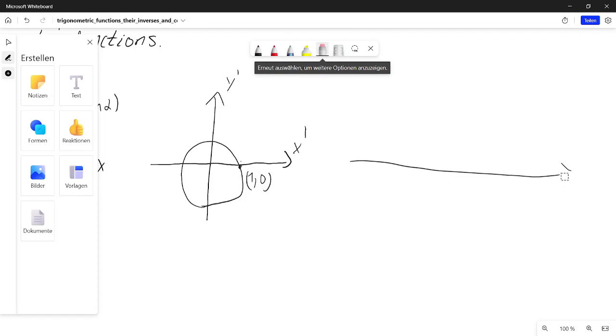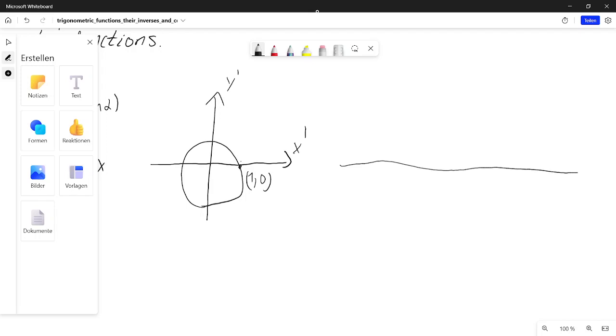And by the way, let's make it larger. Let's make it larger. Okay. I suck at drawing lines, I see.